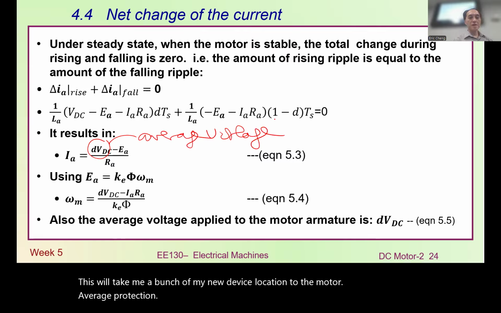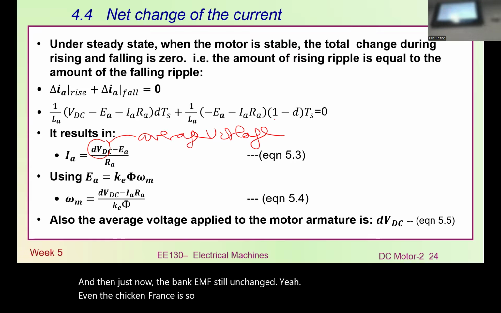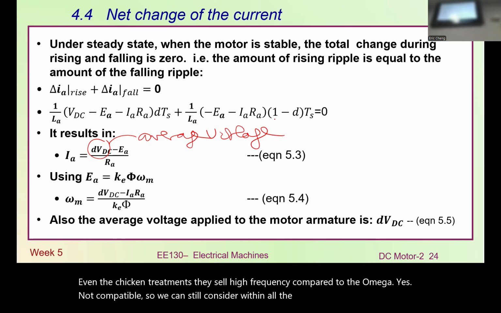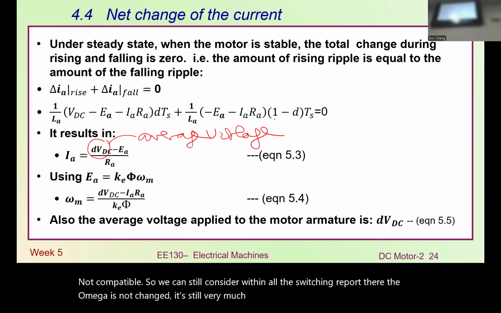Yes. And then the back EMF is still unchanged, because the switching frequency is so high compared to omega. So within all the switching ripple, we can still consider that omega is not changed. It's still very much like a constant.